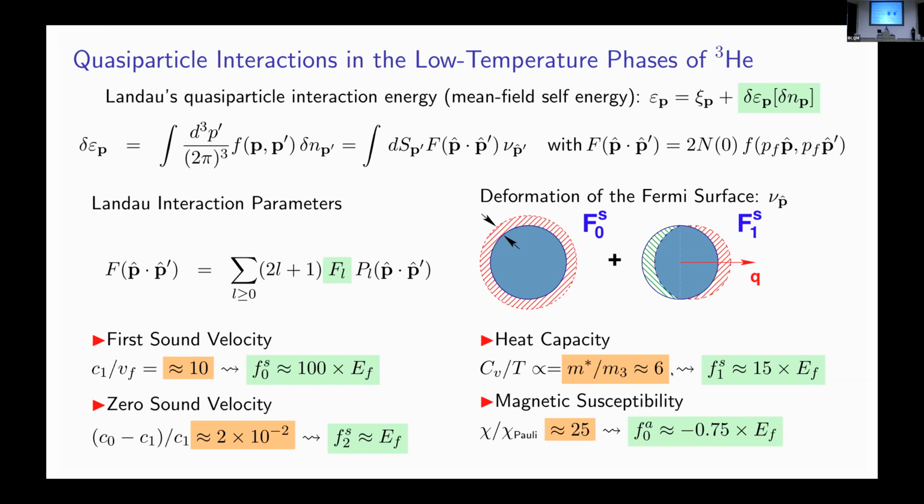And in fact, all of the interactions that we have determined from experiments are large. And I highlighted also the magnetic susceptibility, which is strongly enhanced by a factor of roughly 25. And that has, of course, led to the idea that helium-3 has a lot of ferromagnetic spin fluctuations and that they're the driver for spin triplet pairing in the system.